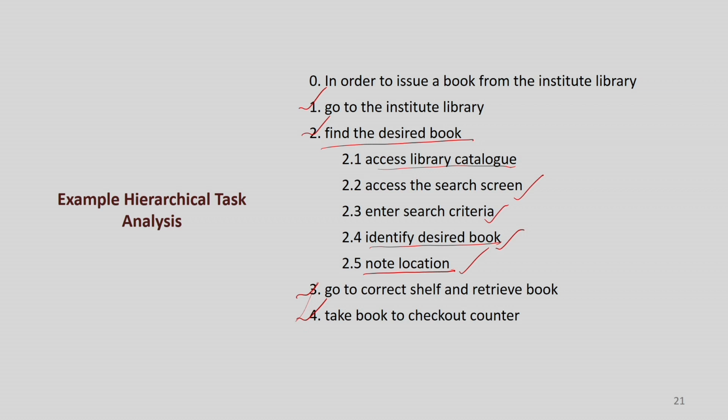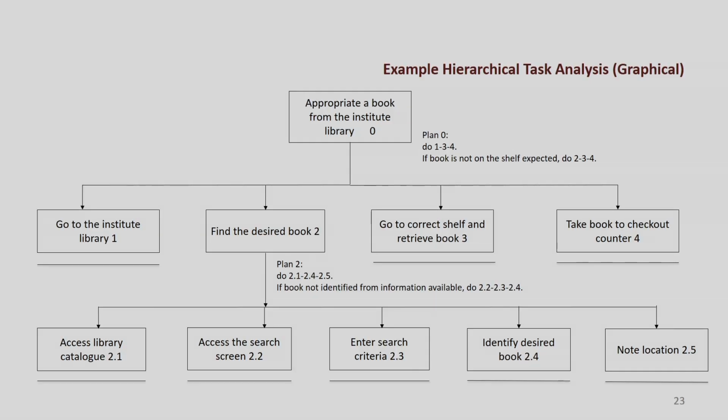This way I can do my task analysis for issuing a book from my own institute. This is a very simple process; you will get very complex processes when you do it in industry. This is the tabular form of performing the task analysis for issuing the book.